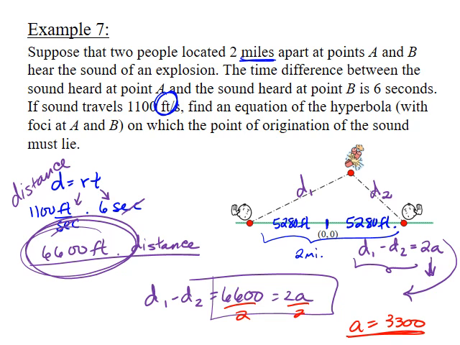Let's move to the next slide. Remember that I want to find an equation, and this is centered at the origin, so that's going to be helpful. We just found A to be 3,300.